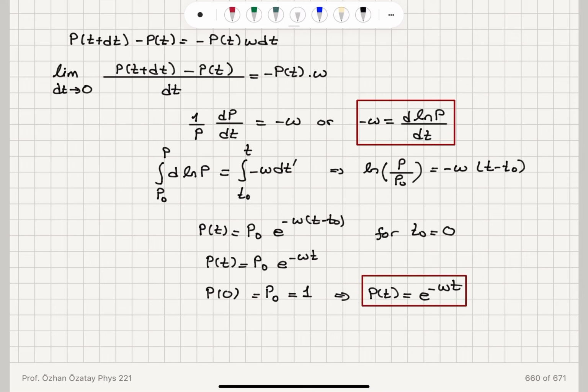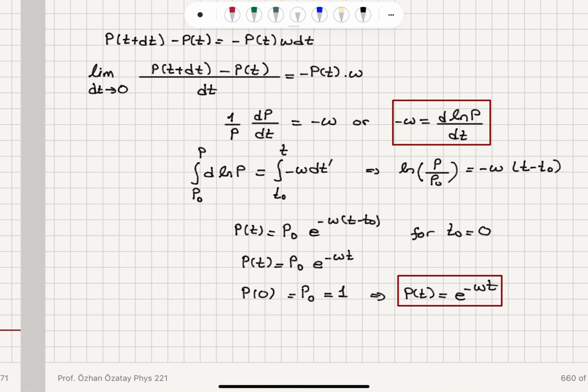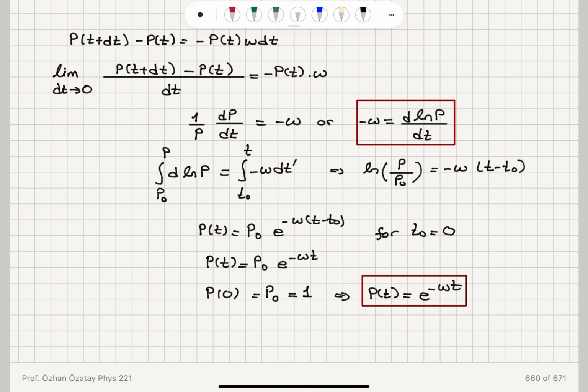The probability of survival for a time t is exponential of minus ω t, where ω dt is the probability that the molecule suffers a collision in the time interval dt.